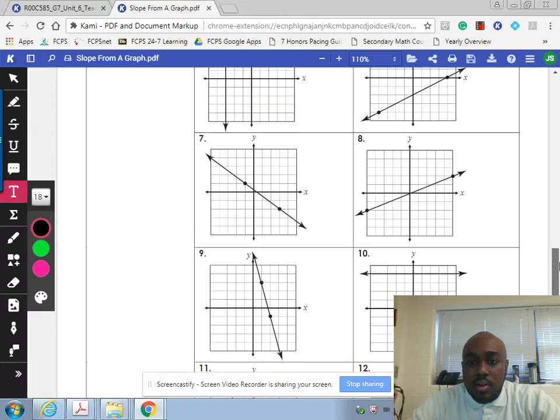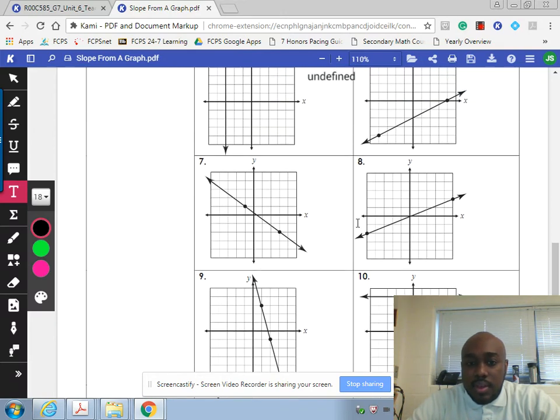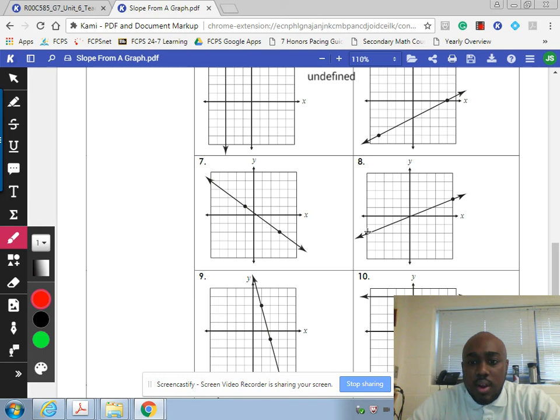Let's do number 8. If we're looking at number 8, we start here and we count. What is our rise? We go up 1, 2, 3, 4. So our rise is going to be 4.